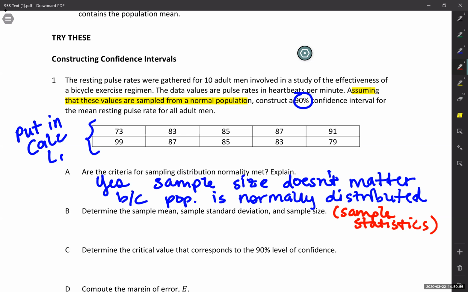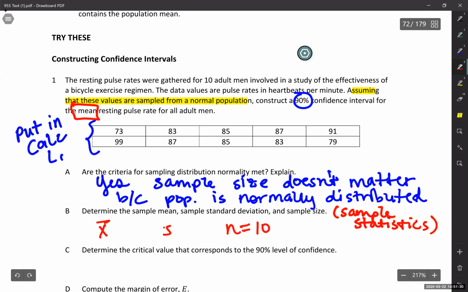It's going to be a problem where you need to read through and figure out if it's a mean. In this problem it does tell you mean, but on the test I will just say determine the sample statistics, and then you would need to come up with the mean, the standard deviation, and the sample size.